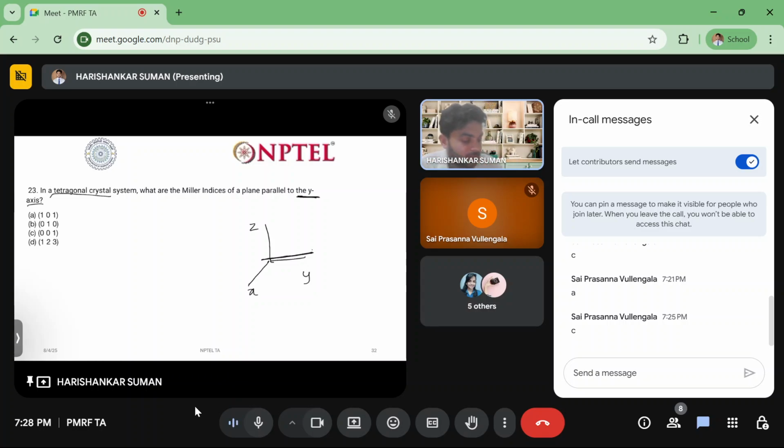On the y-axis, the value of x will be 0, and y like that. The coordinate of any point, take the reciprocal.